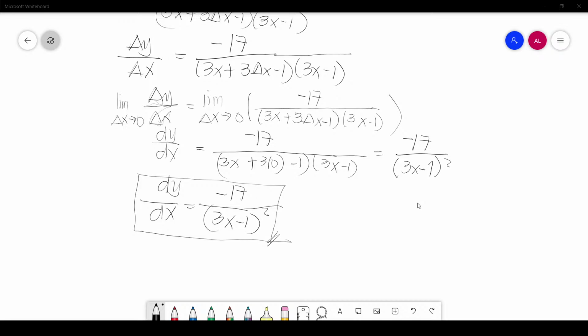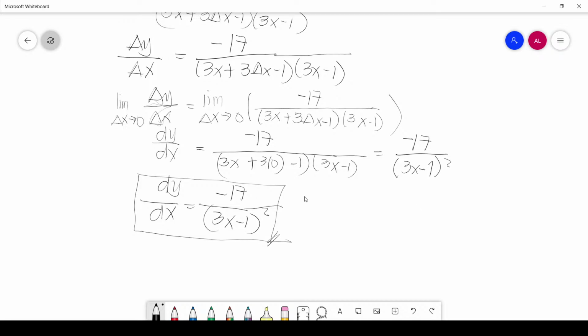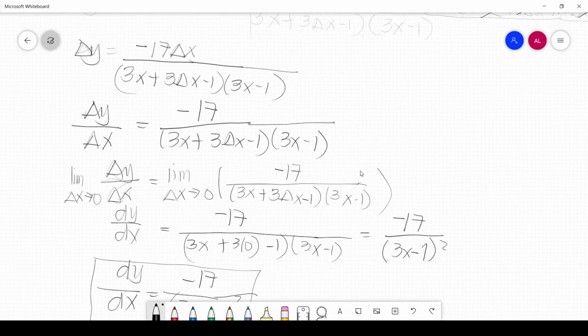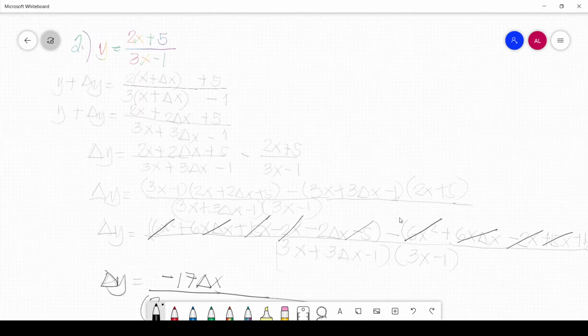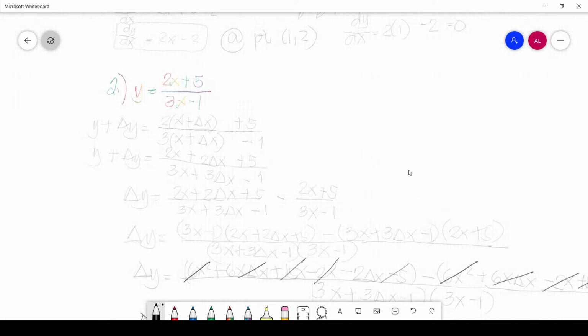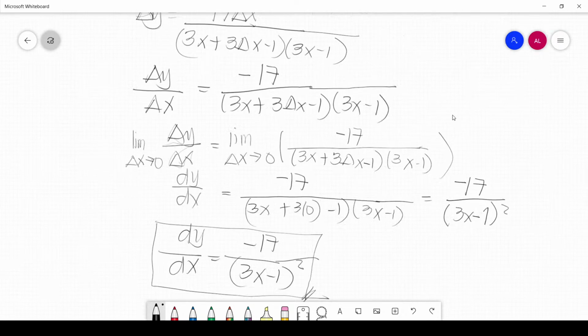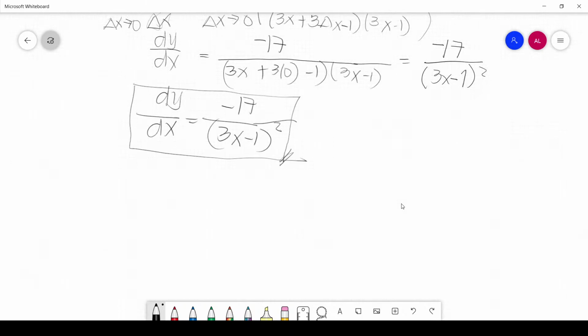Okay? So, again, the slope of the function 2x plus 5 over 3x minus 1 is negative 17 over 3x minus 1 quantity squared.